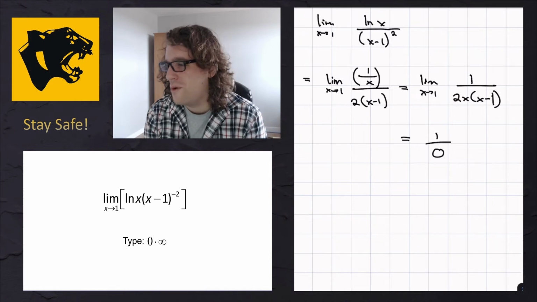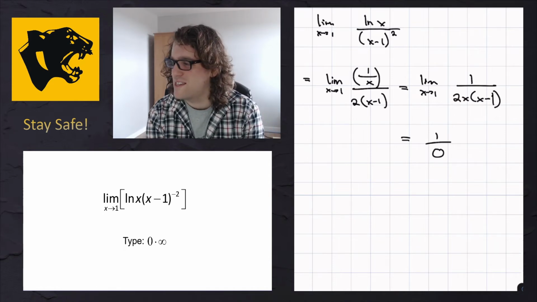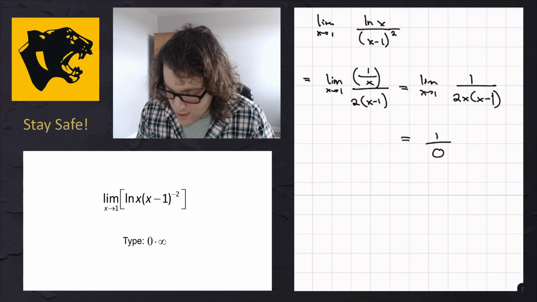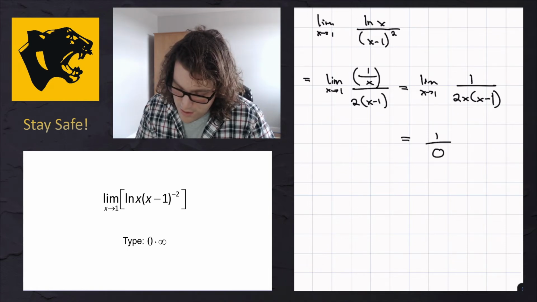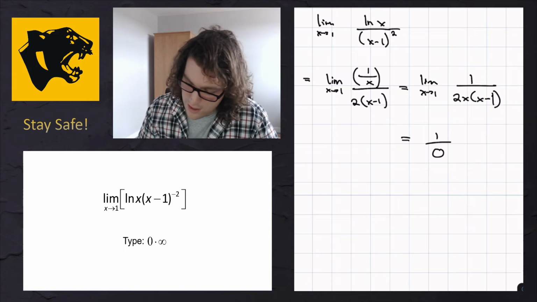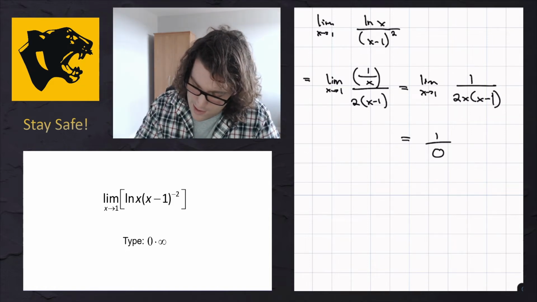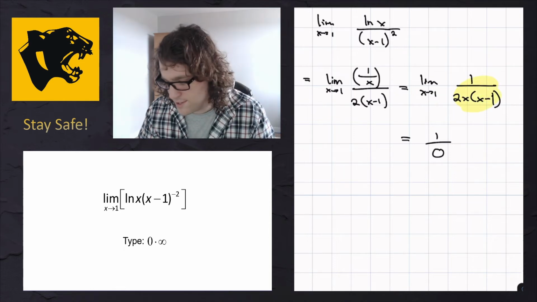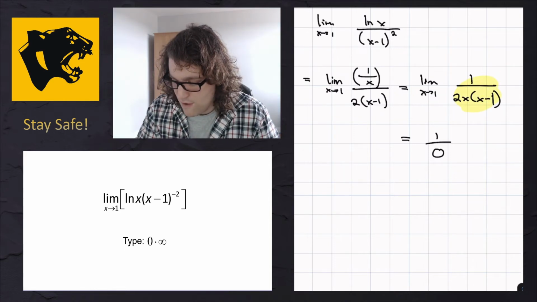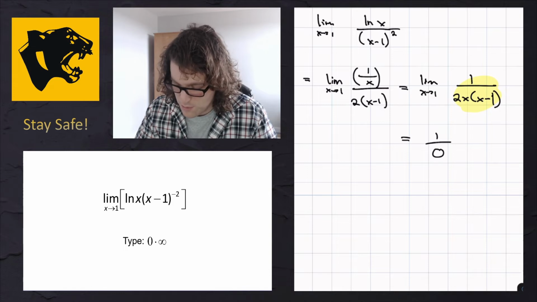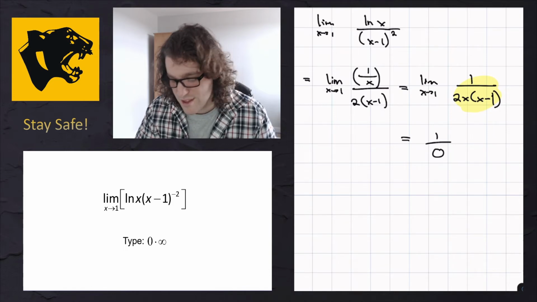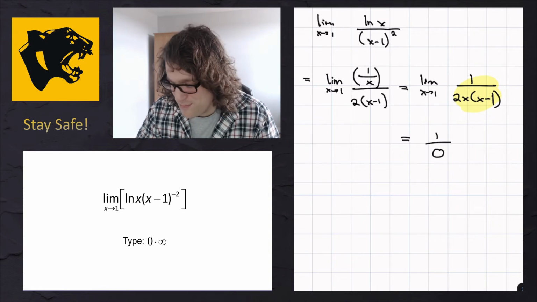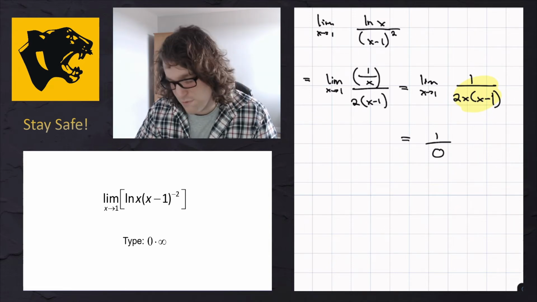Now, one of the iffy things here is that depending on what side of positive 1 I'm on, if I was on the right-hand side and I look at this last statement right here, I'd get a value that's very small but positive, so it'll be positive infinity. If I was on the left-hand side, which would give me a negative for that x minus 1 bracket and a negative overall, it'd be at negative infinity.